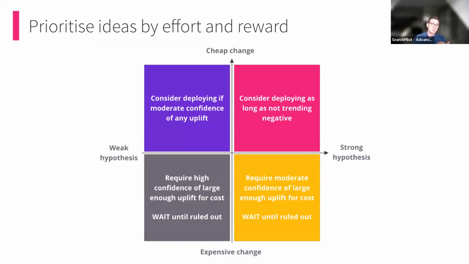You want to plot your ideas into each of these quadrants and decide where they sit within this 2x2. In an ideal world, we want all of our test ideas to be in the top right. We want ideas which are cheap to do and really strong ideas.